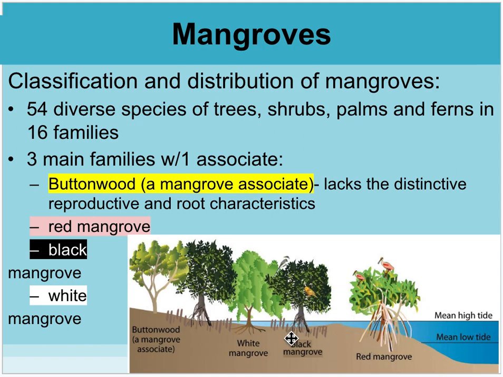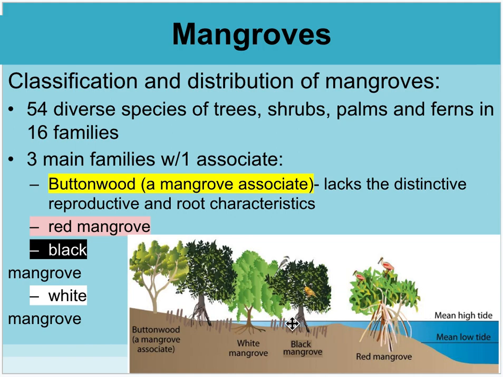The black mangrove is called black mangrove because its bark is a lot darker than the red or the white mangrove. The black mangrove usually grows up more out of the water, and it is different from the red and the white because it has prop roots that hold it up, but not nearly as big as the red.